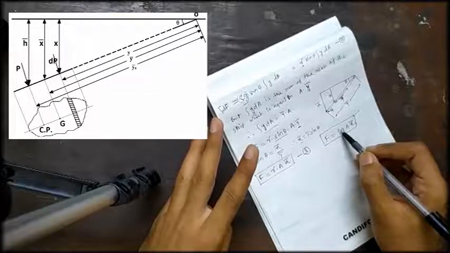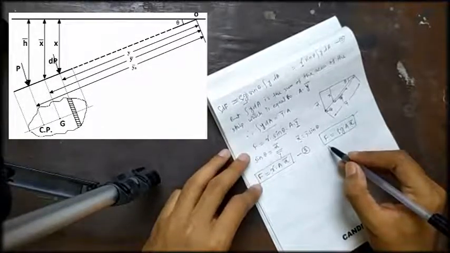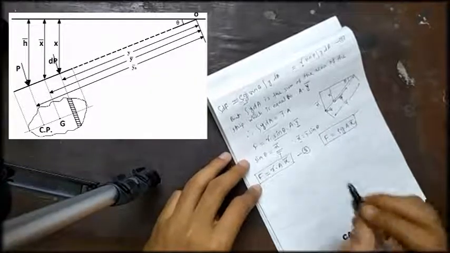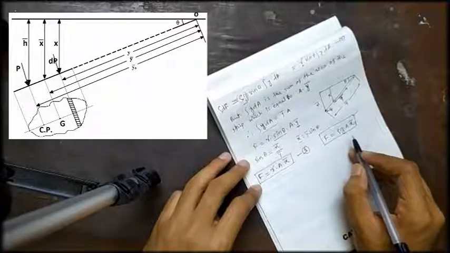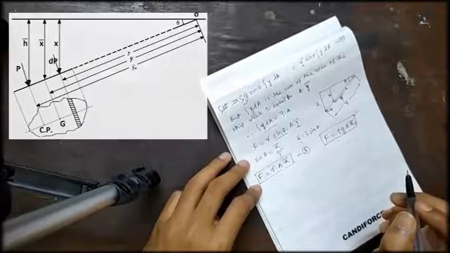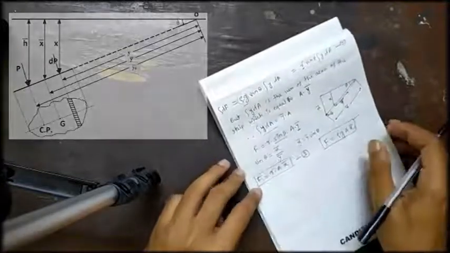In all 3 cases F remains the same. So this is our total pressure force for the inclined surface. Now we will move to the next part of the derivation, that is the center of pressure.